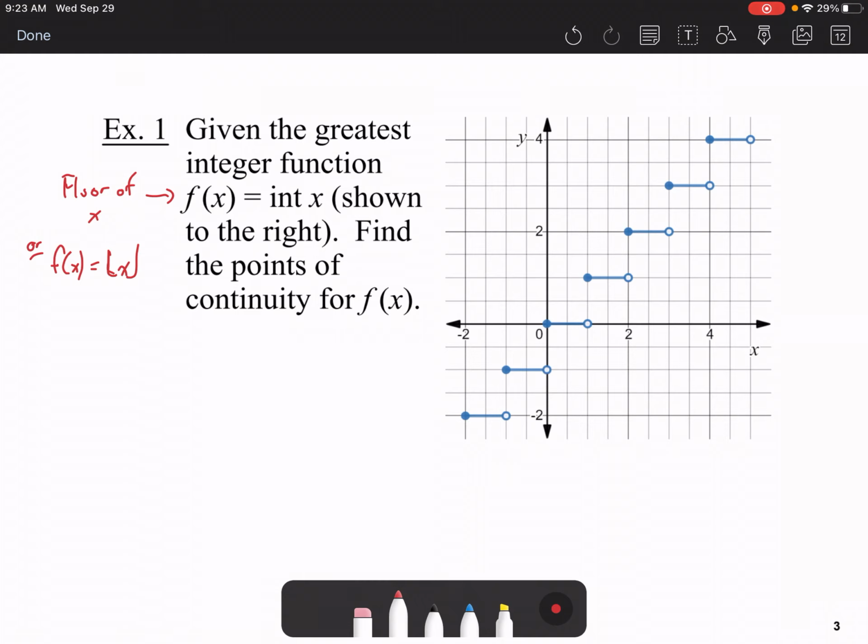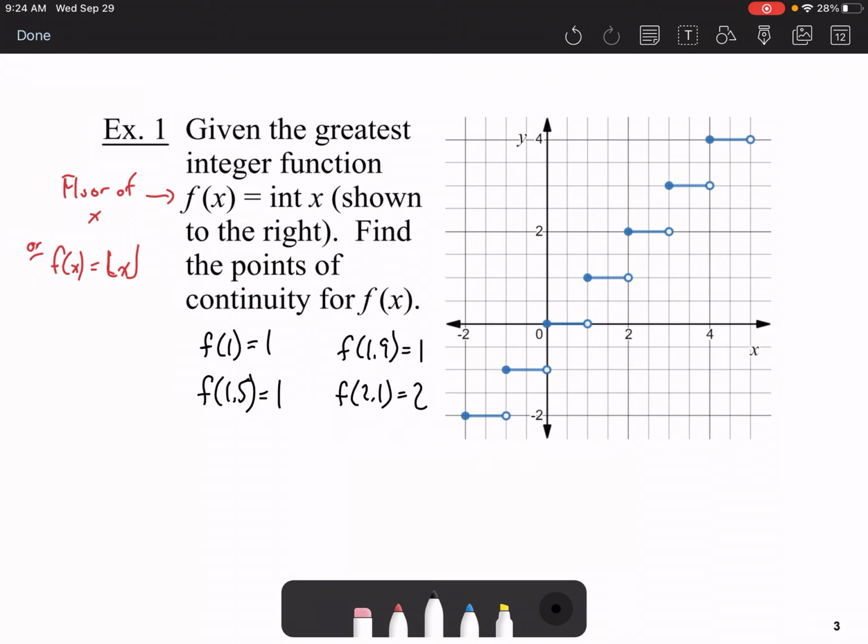It means you take any value and find its lowest integer. So for instance, f at 1 is equal to 1. f at 1.5 is also 1. f at 1.9 is also 1. But f at 2.1 is now 2.